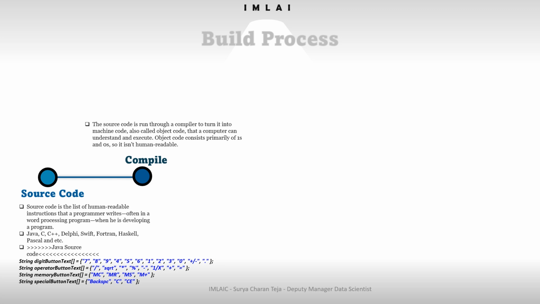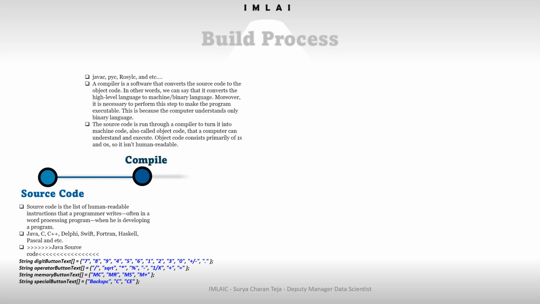A compiler is software that converts the source code to the object code, in other words, the high level language to machine language. It is necessary to perform this step to make the program executable, because the computer understands only binary language.